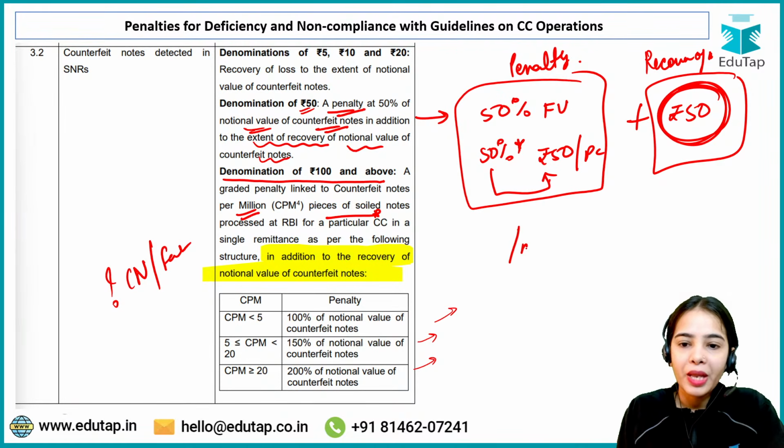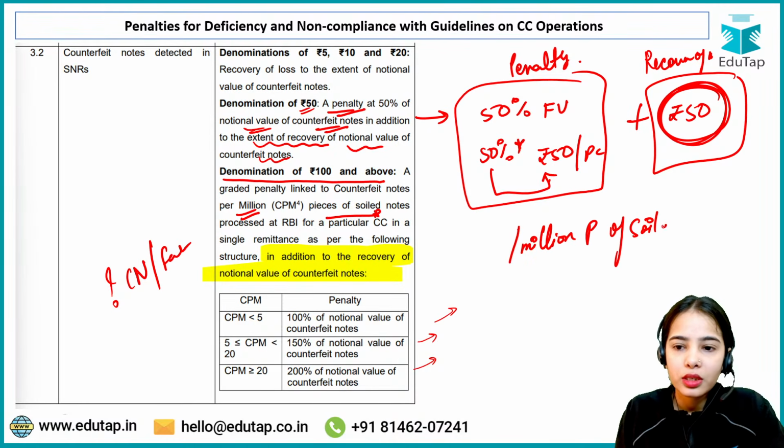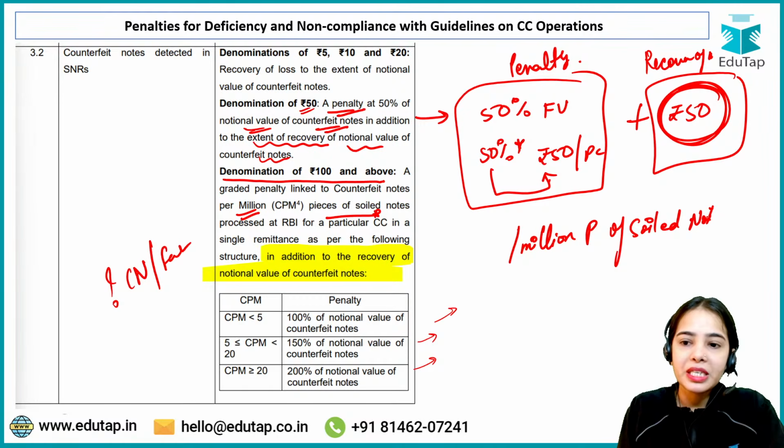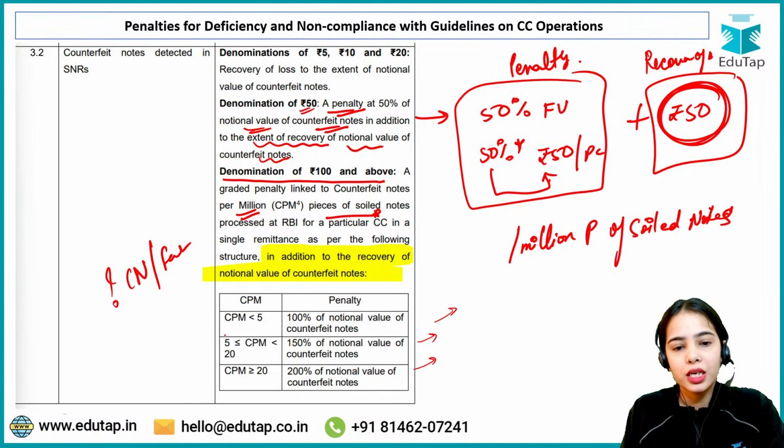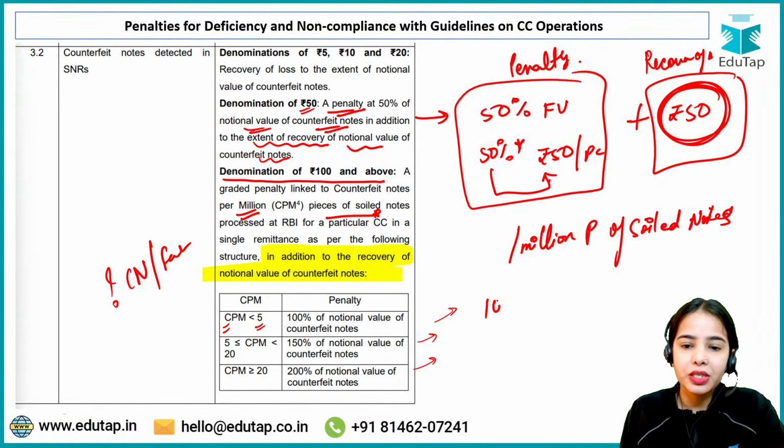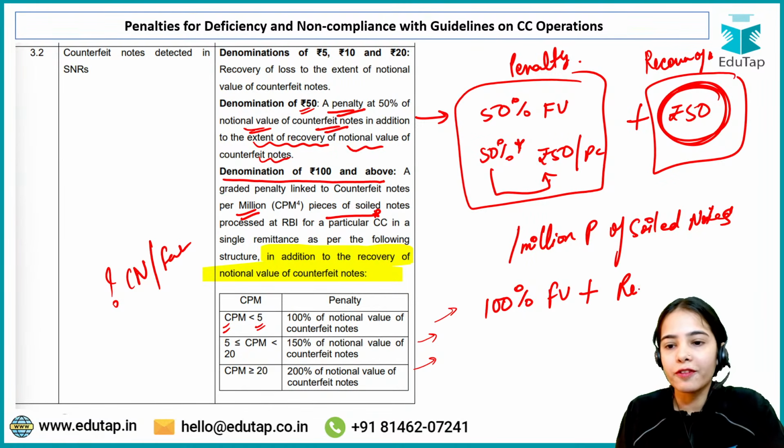If counterfeit notes per million pieces of soiled notes is less than 5, then 100% of the face value of the counterfeit note will be the penalty that will be levied, in addition to the recovery of loss.